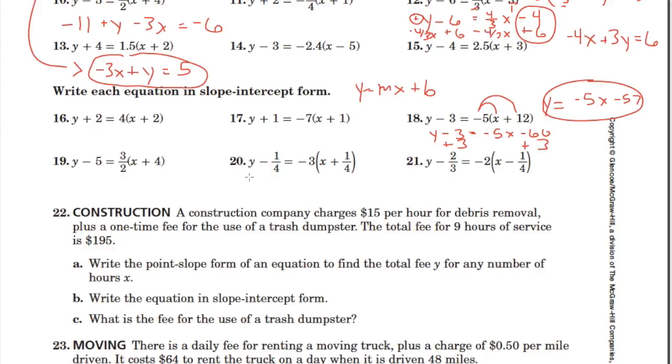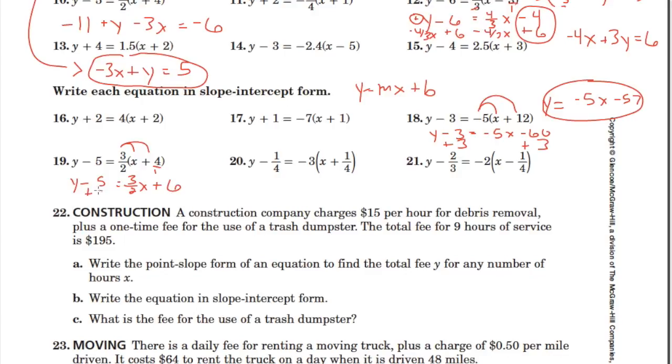For number 19, we have a fraction that we need to distribute, and don't let that scare you, we can still work with it. We have y minus 5 equals 3 halves x, and remember 4 is over 1, so we have 3 times 4 is 12, 12 over 2 is plus 6.